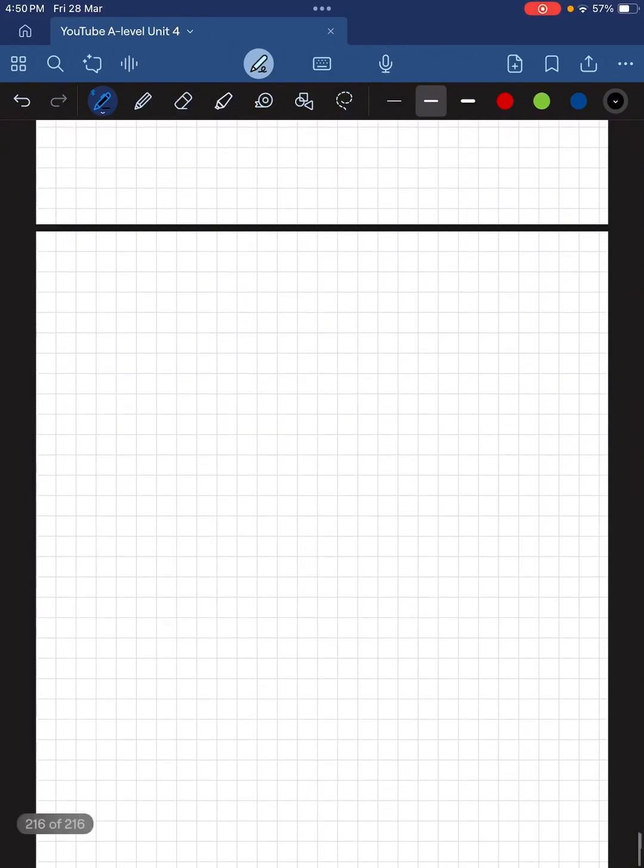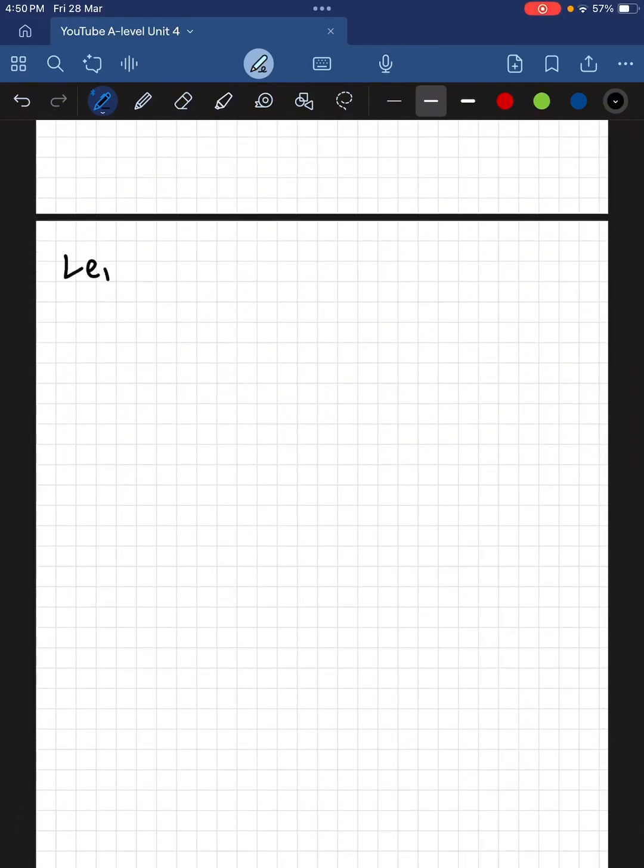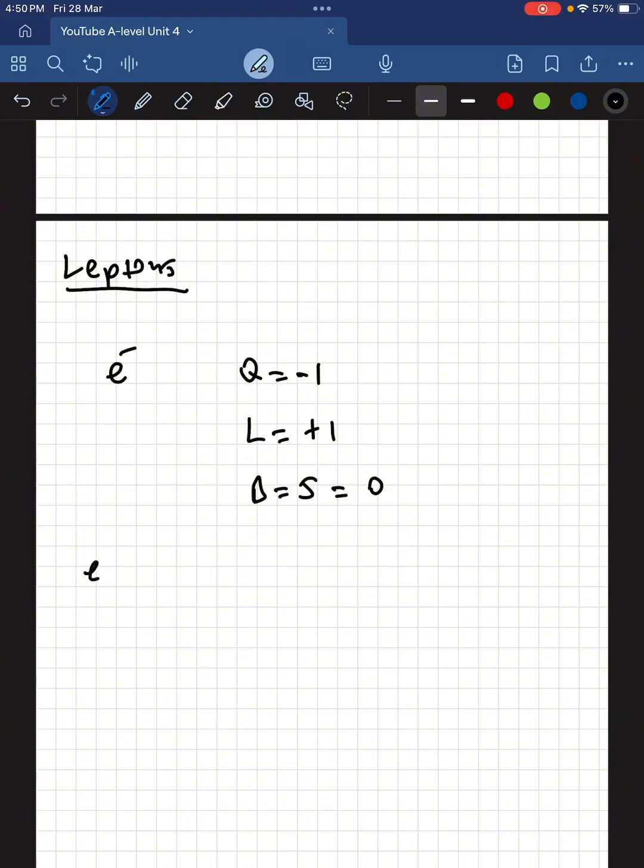Now, let's talk about leptons a little bit. So the electron has a charge of -1, a lepton number of +1, and baryon number and strangeness equal to 0. Then the positron has a charge of +1, a lepton number of -1 because it's the antiparticle of the electron, okay?